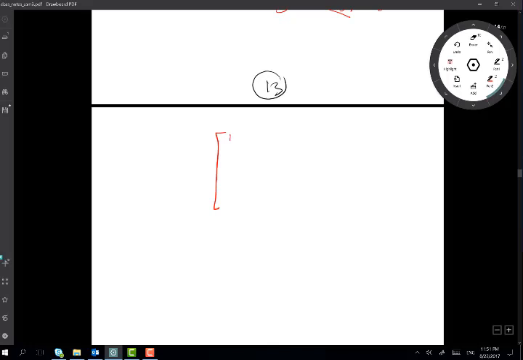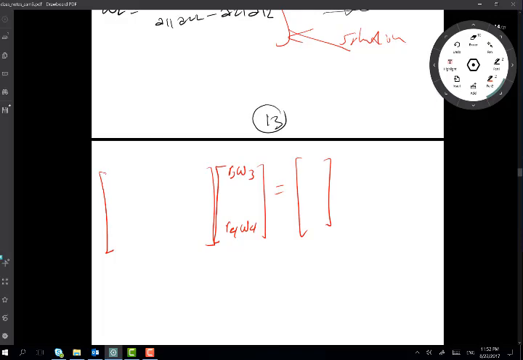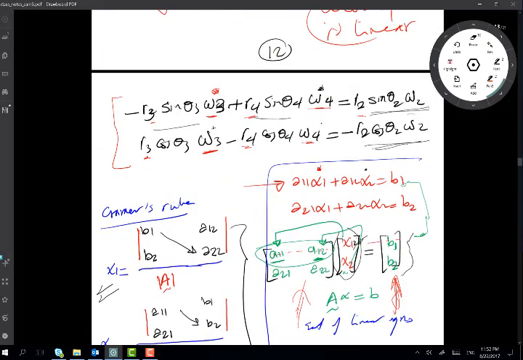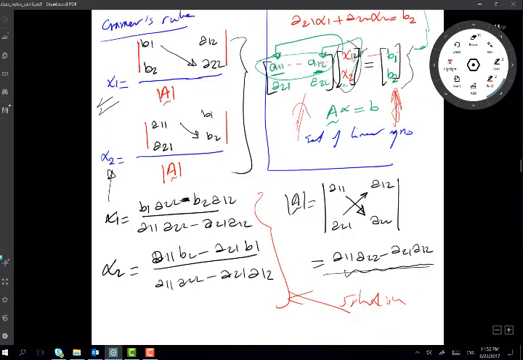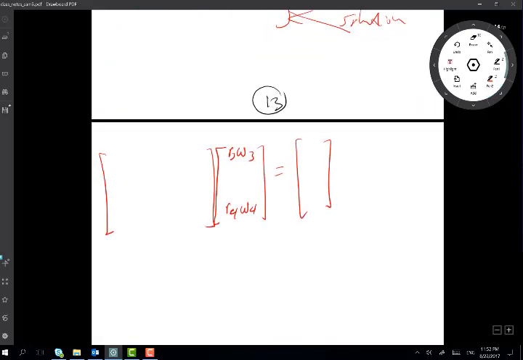So I can have R3 omega 3 as one variable, and R4 omega 4 as another variable. This will be the matrix of coefficients. Over here I'll have the known quantities. In the first line, I'll have sine theta 3, minus sine theta 3, and sine theta 4, which came from the other side of the equation.